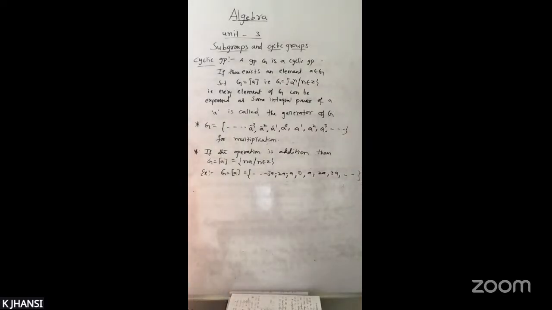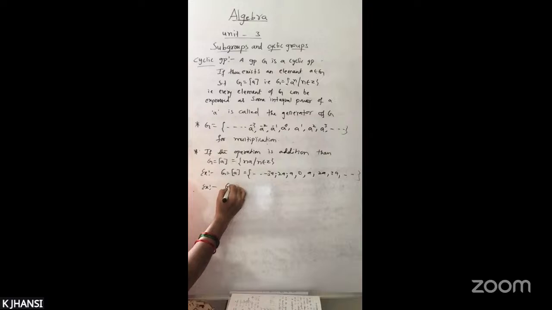So whenever it is addition, you will have the elements like this, and whenever it is multiplication, you will write them as integral powers. In addition, we write them as multiples. In multiplication, we write them as integral powers. Now you can take example 1.